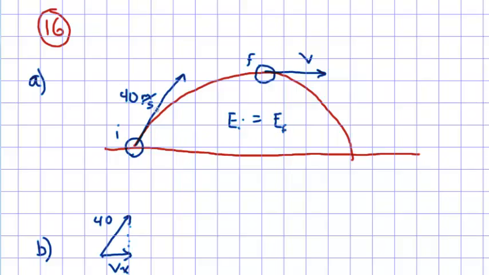The initial energy at the beginning, you've got no height. Height equals 0 to begin with. So the energy you have to start with is pure kinetic at the launching point. But at the top here, we've got two kinds of energy.